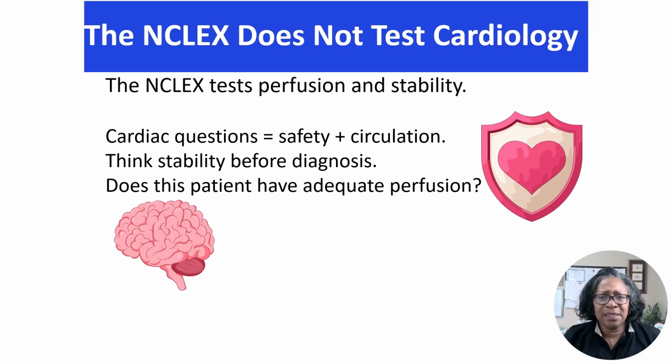What organ system is at risk? What actions prevent deterioration? A safety tip would be, when you're looking at cardiac questions, I'm not going to say always, but they almost always reduce to one thing. And that is really, does this patient have adequate perfusion?